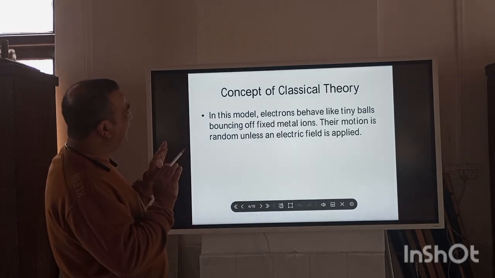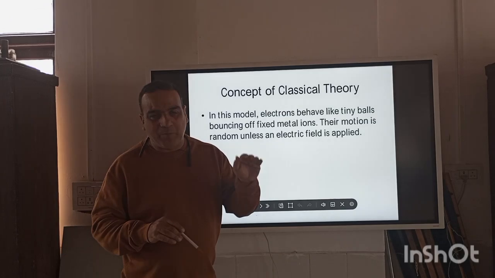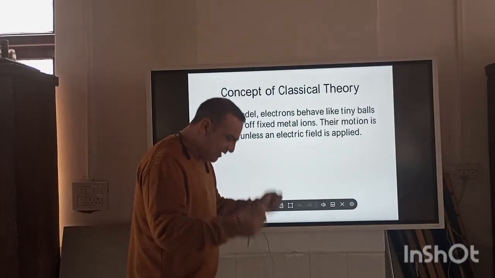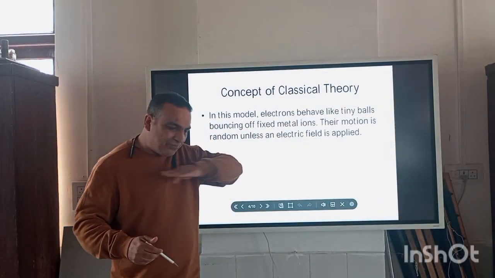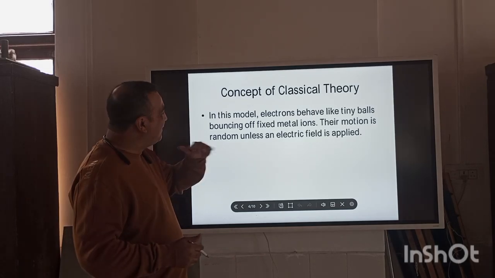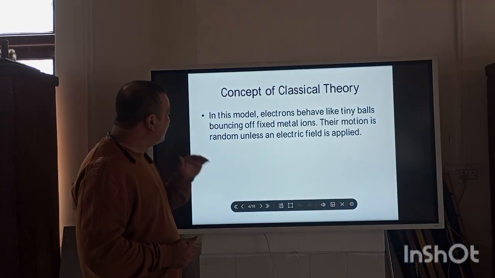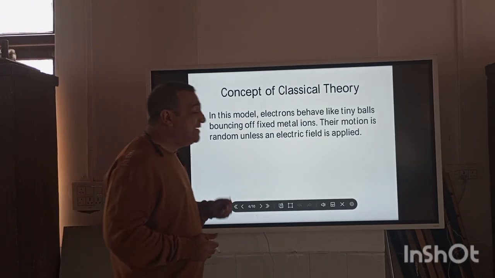So, what is the key concept here? They behave like tiny balls. You have electrons, they are the balls, they hit each other, and they bounce off the fixed metal ions. They live in a positively charged background, and their motion is random unless an electric field is applied.